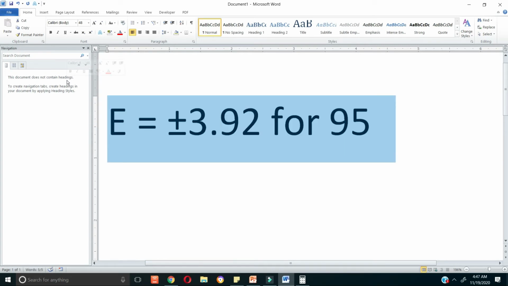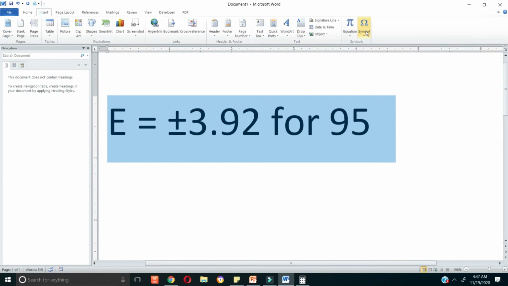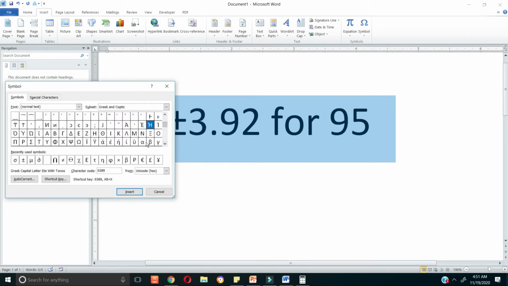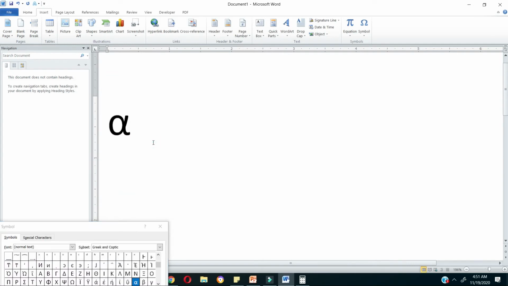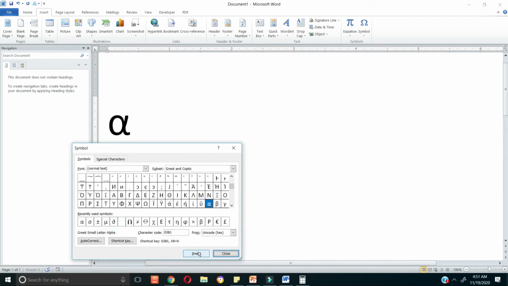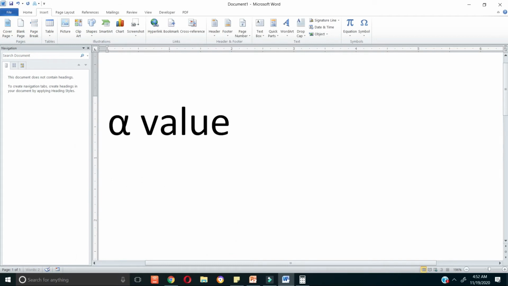In general, you can talk about what you call the alpha value. The alpha value is basically 1 minus the confidence interval.